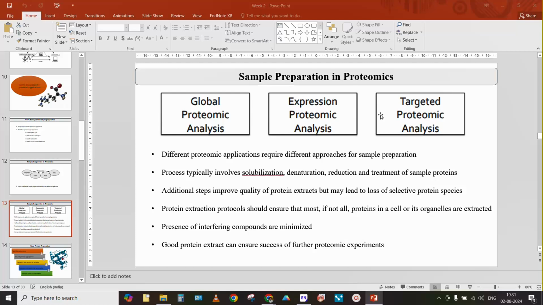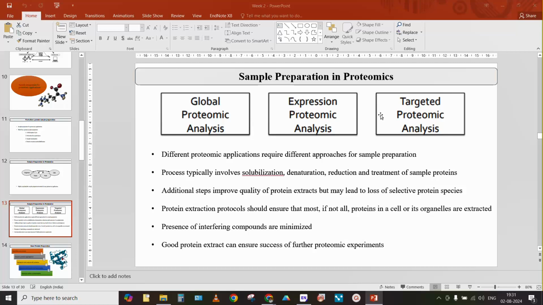When you are looking at a targeted proteome analysis, you want to pre-fractionate your sample in such a way that only that particular component is isolated, and then all the proteins from that organelle or cells are extracted. So different types of strategies need to be used to perform these types of proteomic analysis.